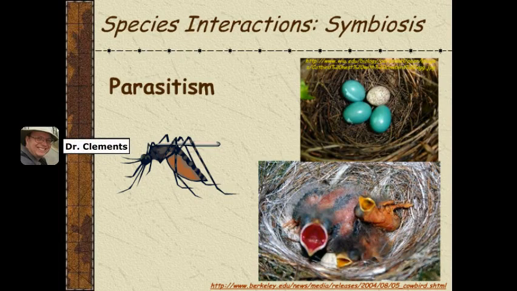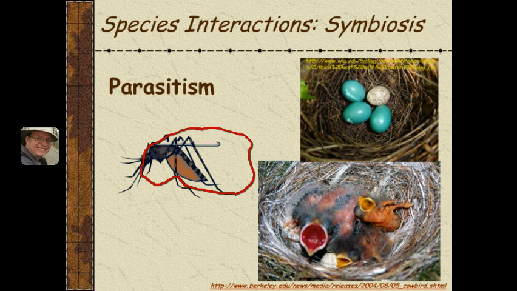All right, some examples of parasites. Well, here we have one that's probably familiar to you, a mosquito. Mosquitoes are parasites on generally warm-blooded organisms like you and me, and I know that you have experienced those guys before. Another example of a parasite might be something like a tick that gets into your skin and is sucking your blood.